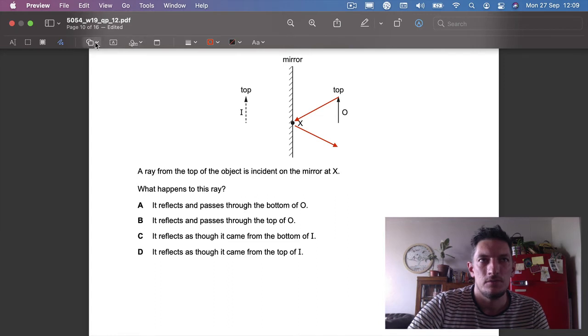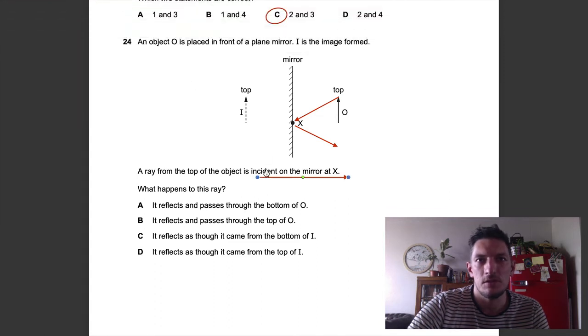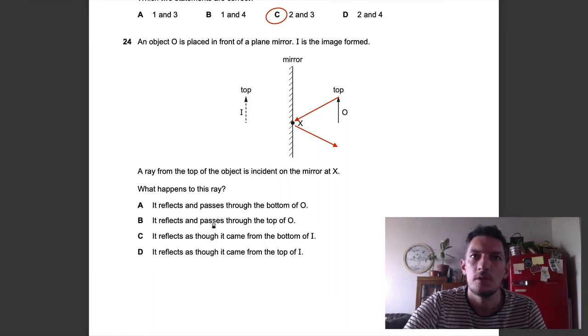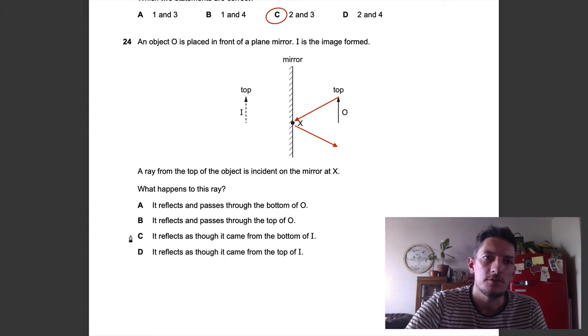It reflects, and you think that it's coming from the top of I, because it came from the top of O. Your brain thinks that it came from there; tracing this ray backwards logically would make it think that it came from there, which is why you get the virtual image there. Okay, that should be a dashed line, but that's the correct answer. So hence the correct answer is D.